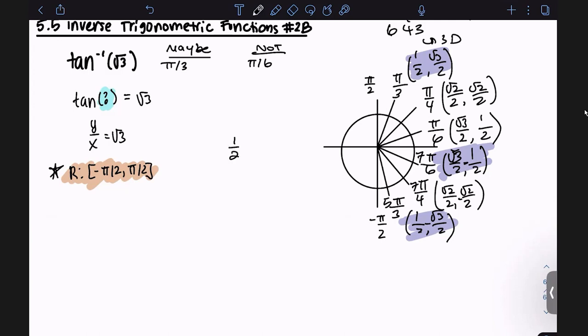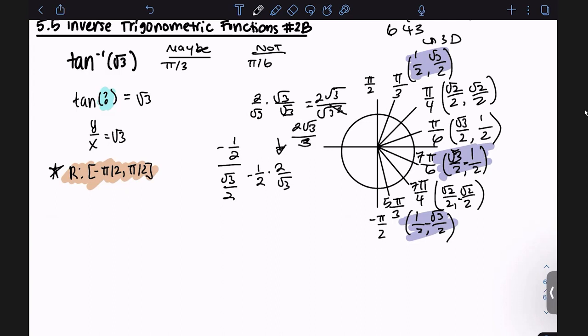So it's negative 1/2 over square root of 3 over 2, which is the same thing as negative 1/2 times 2 over the square root of 3. We rationalize the denominator, so we're going to do that over the side over here. So multiply by a fancy 1, square root of 3 over square root of 3. This becomes 3 squared, cancels out, which becomes the following.